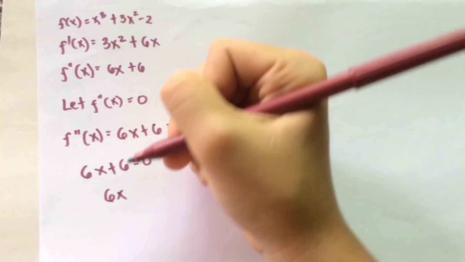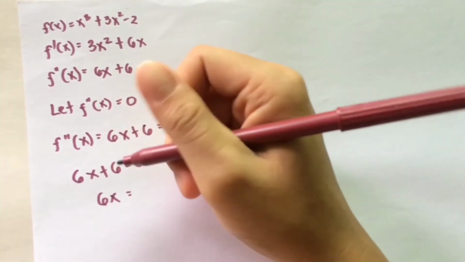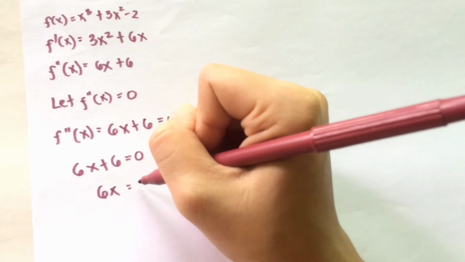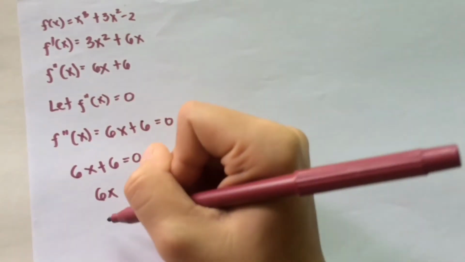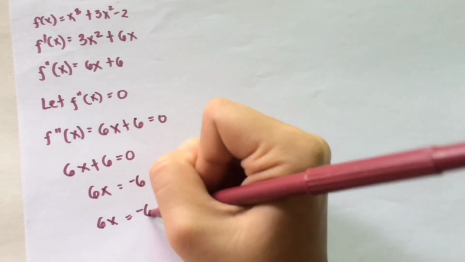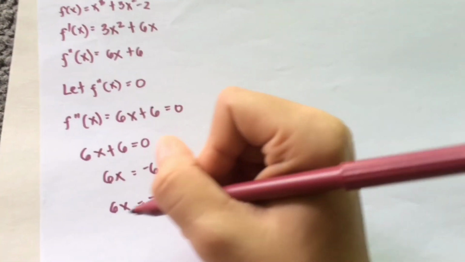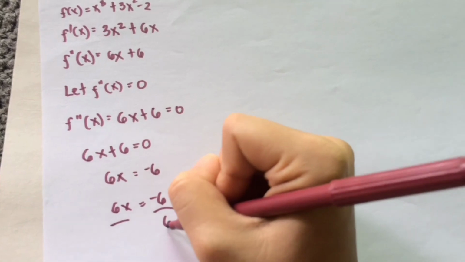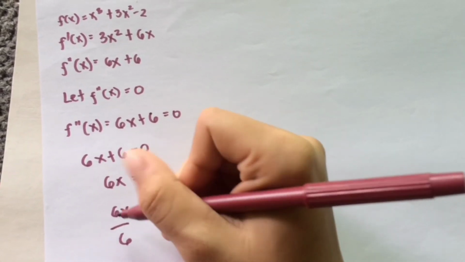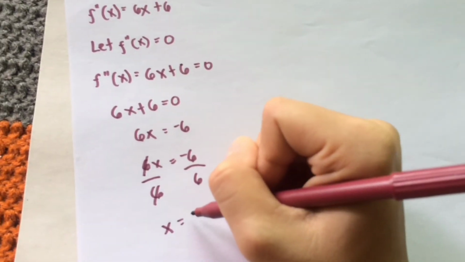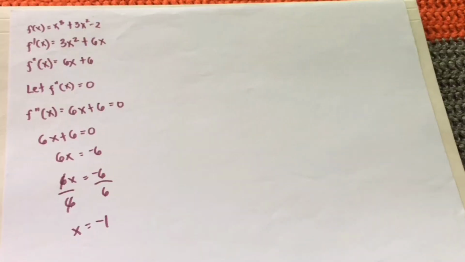So 6x, then transpose 6 to the right side, so it will become -6. Now we will find x. Divide 6 on both sides. So x is negative 1.